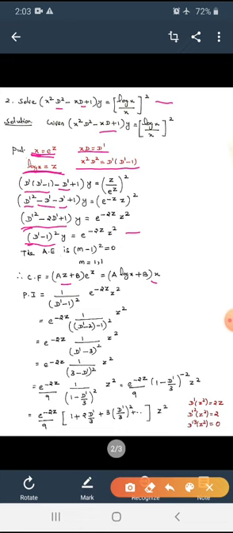Now let us find the particular integral. The PI format is 1 by f(D) into the right hand side function. So 1 by f(D) is here 1 by (D' − 1)² of the right hand side function, which is e^(−2z) into z². So this problem comes under type 4. Type 4 is e^(az) into some function of z.